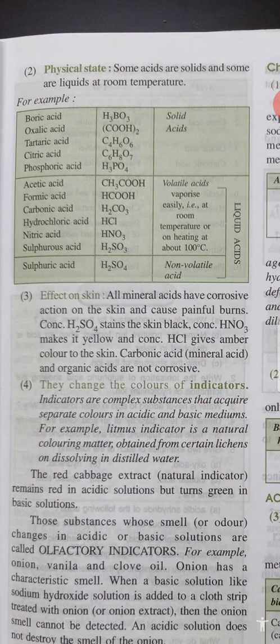Now if you talk about the physical state, some acids are solid and some are liquid at room temperature. For example, boric acid, oxalic acid, tartaric acid, citric acid, phosphoric acid all exist as solid acids. And children, acetic acid, formic acid, carbonic acid, hydrochloric acid, nitric acid, sulfuric acid occur as liquids, and they occur as volatile liquids.